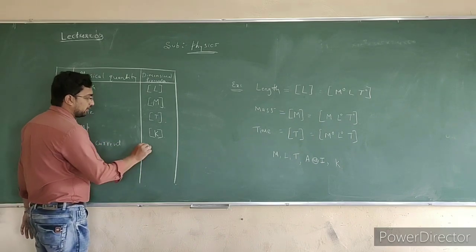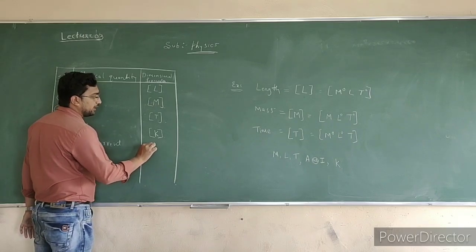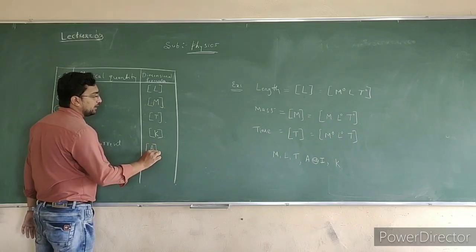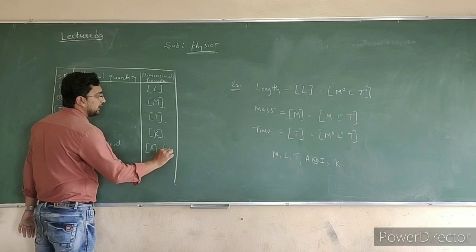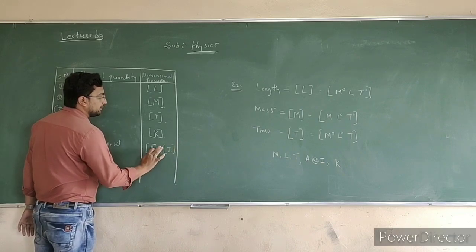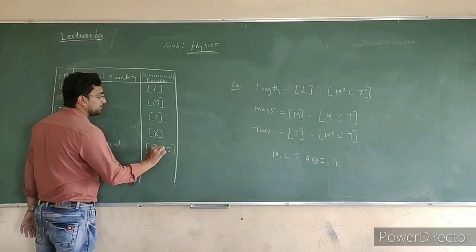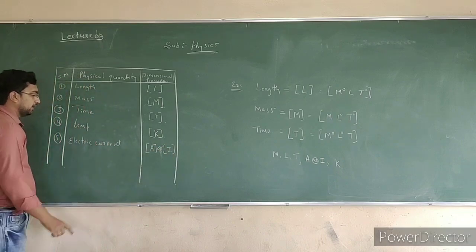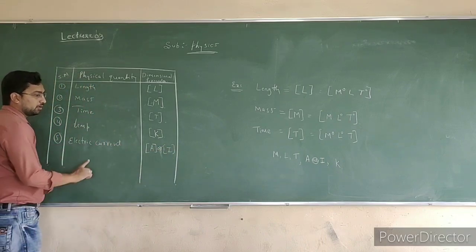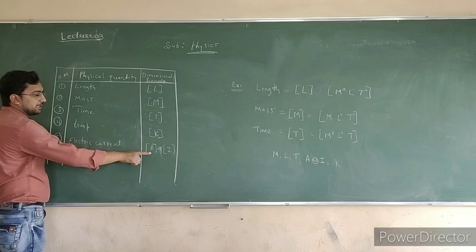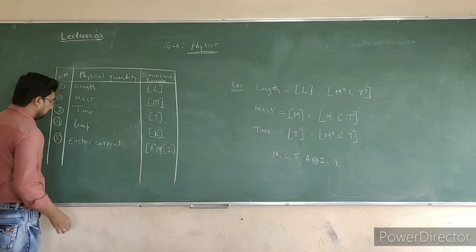The dimension formula for electric current is sometimes capital A, sometimes capital I. In some cases we use A, in some cases we use I.